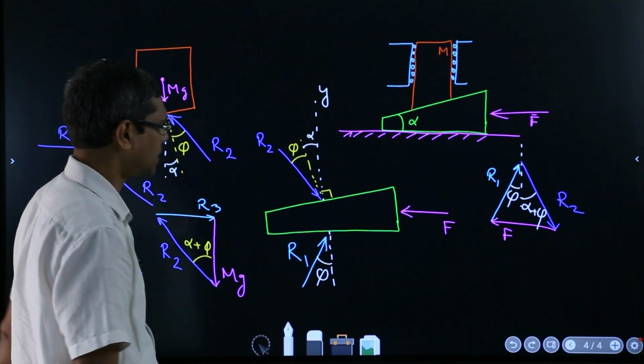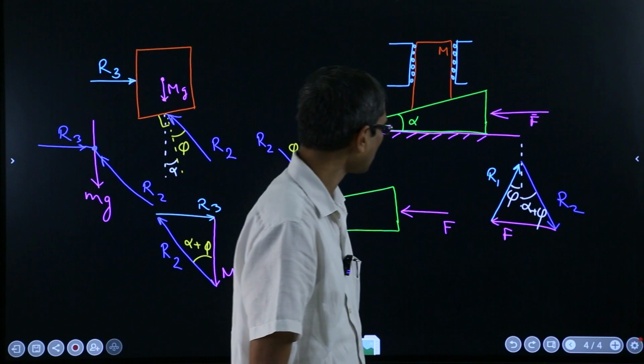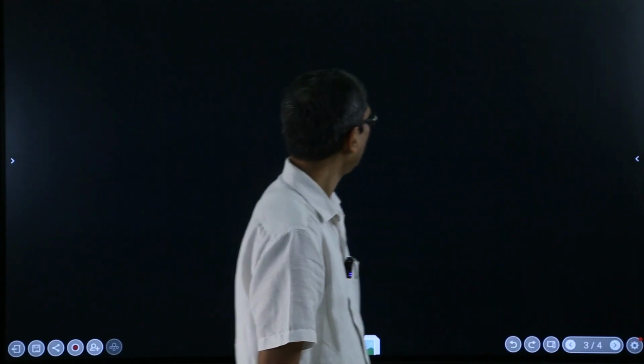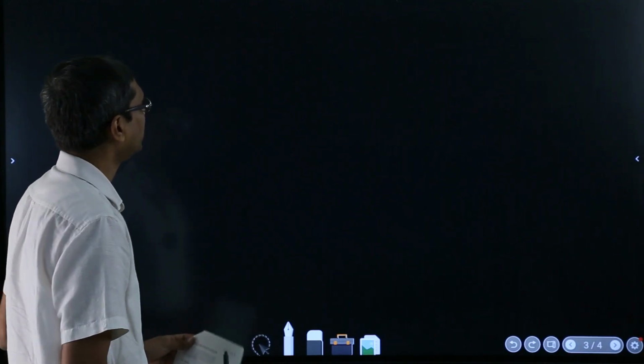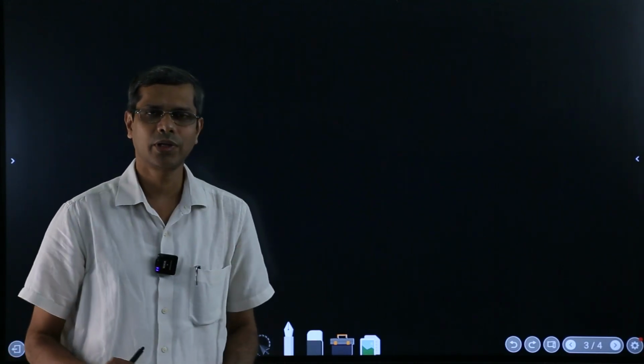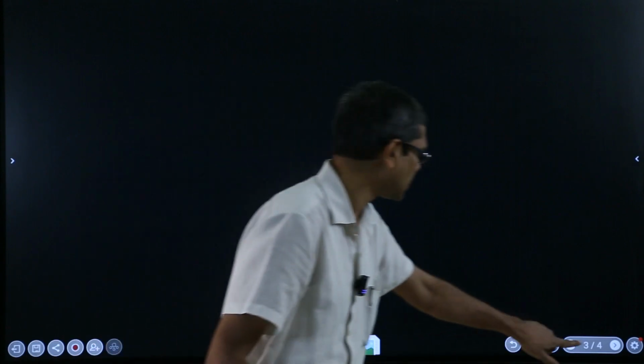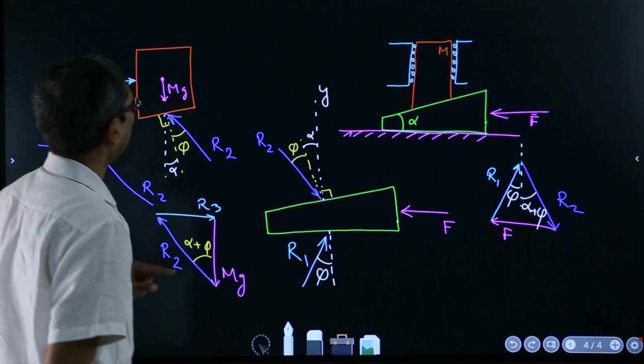That is a very interesting topic which should be discussed, and to discuss that we should draw the free body diagram in two conditions. What are those conditions? Let's go here.